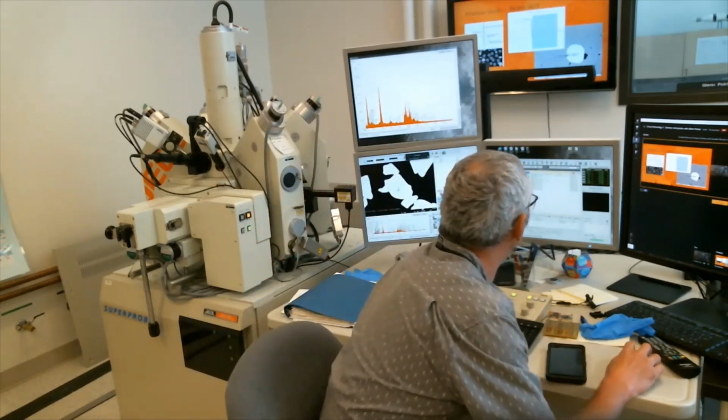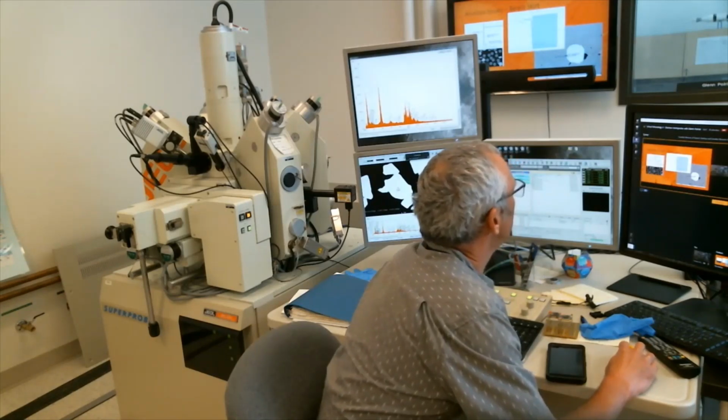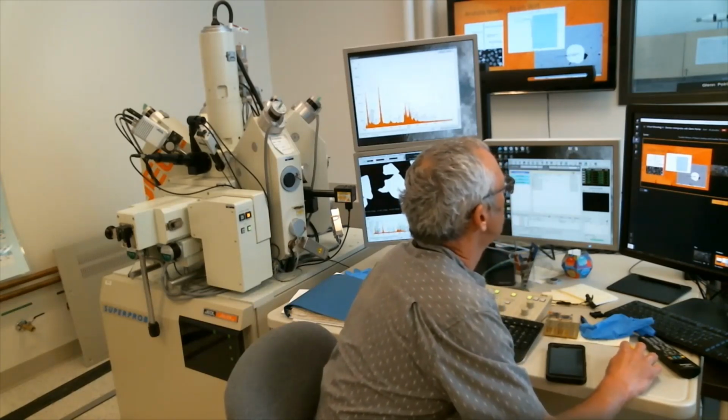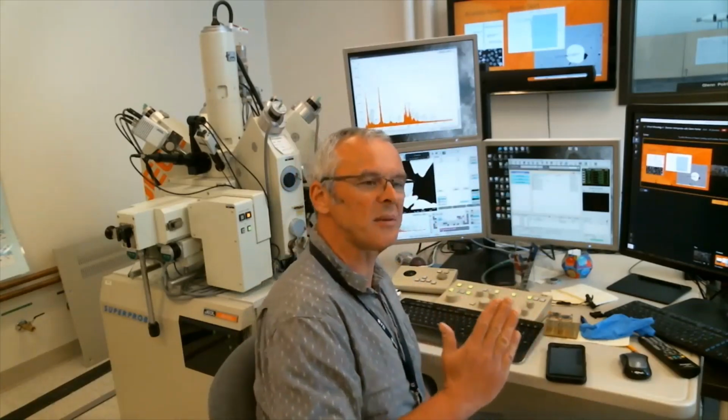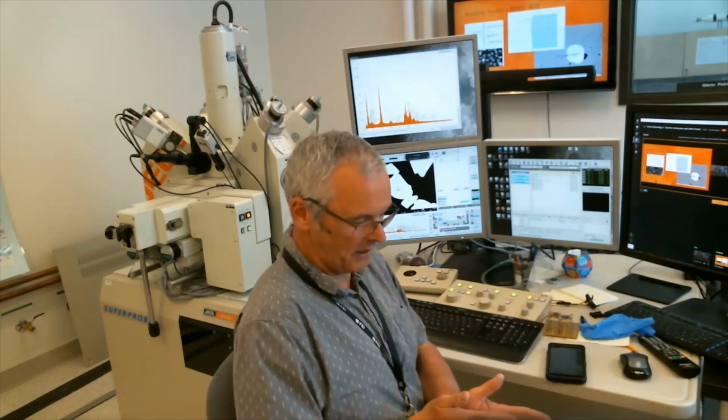Okay? And just for comparison, I don't know if you can make it out, this line here, this blue line, I hope it's blue, is in a high vacuum mode with a carbon-coated sample, and you can see that in that chromite grain I get 0 silicon. So as soon as I cross the border into that chromite grain, 0 silicon. The beam influence with normal carbon-coated sample is about 2 microns, and that's all the area we're getting information from.